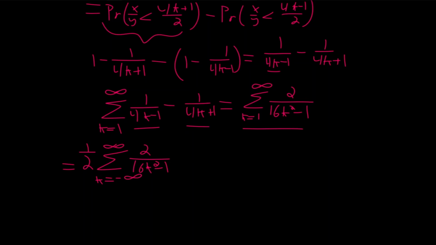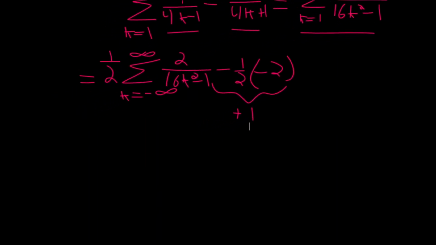Now here we are double counting the case k equals 0, so what we need to do is subtract 1/2, and then whatever k of 0 is of this expression, which happens to be -2. So this whole thing right here is just going to be plus 1.